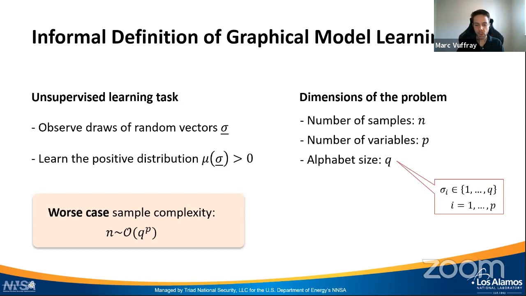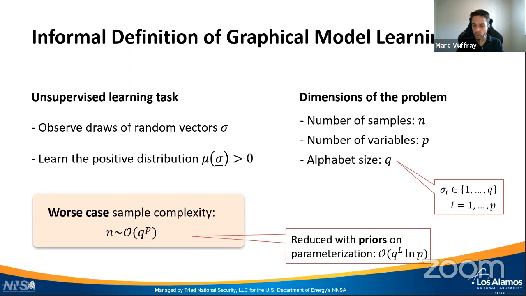So always what we try to do is to introduce some kind of priors. It can be on a parameterization, on a certain class of model we want to learn, to reduce this complexity, computational and also observational: the number of samples you have to observe and how many computational steps you have to do to be able to learn this probability distribution.